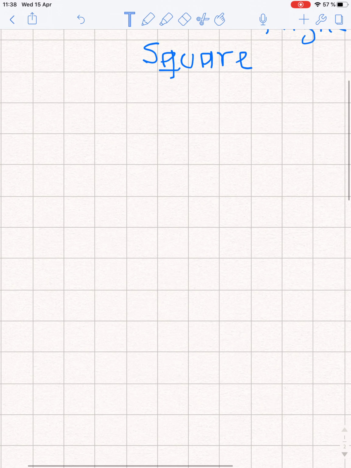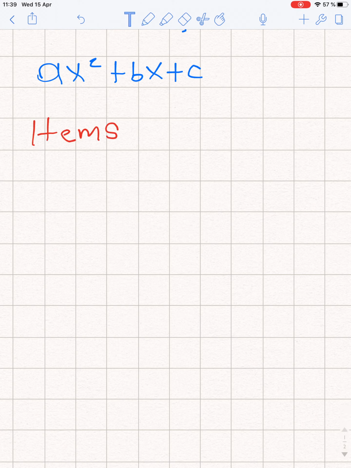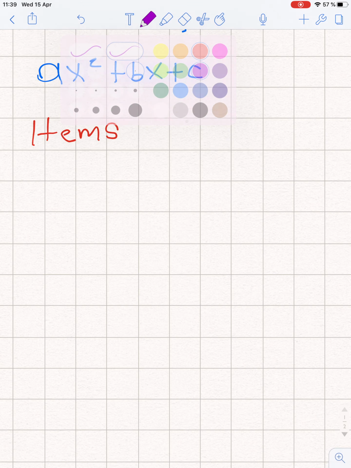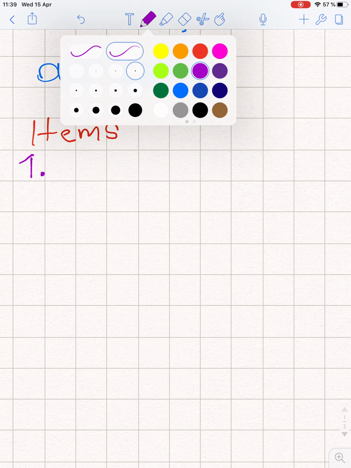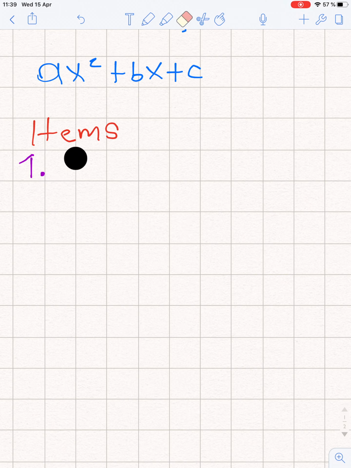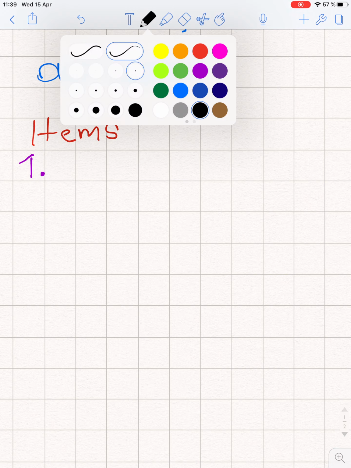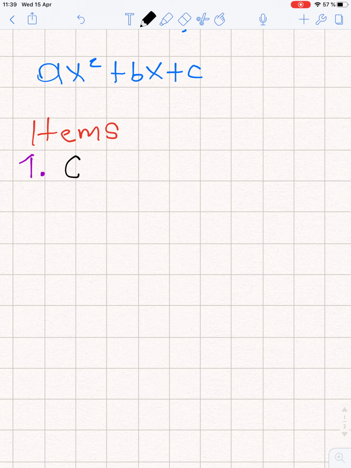Now, for quadratic equation, we can identify the following items, okay? The first one, the graph for a quadratic equation. The graph of a quadratic equation is a curve, okay?